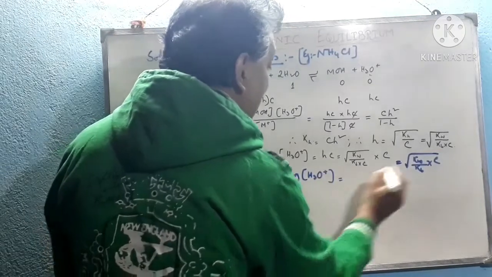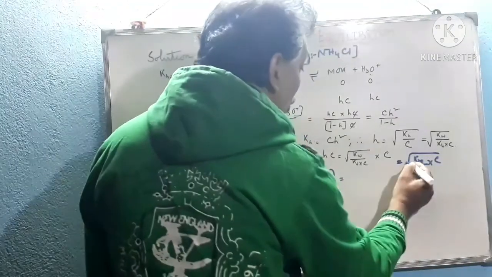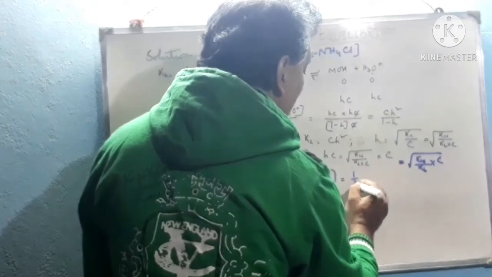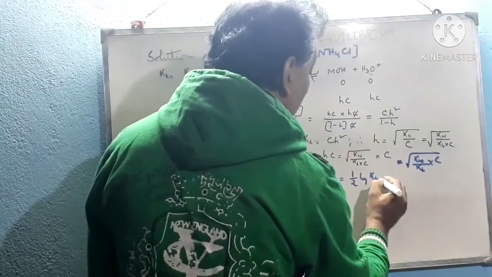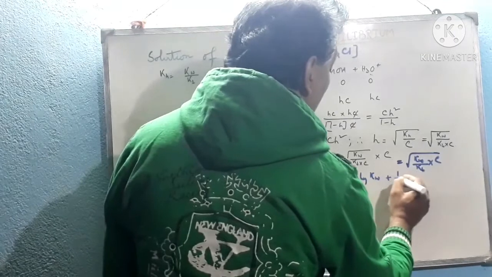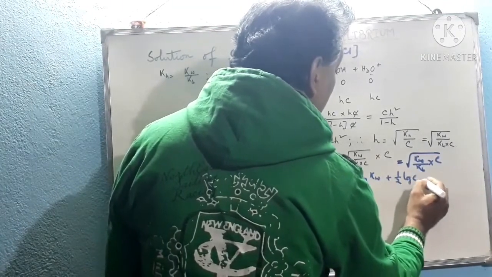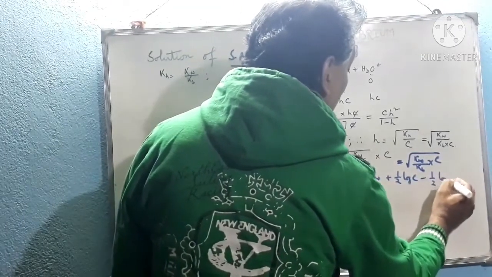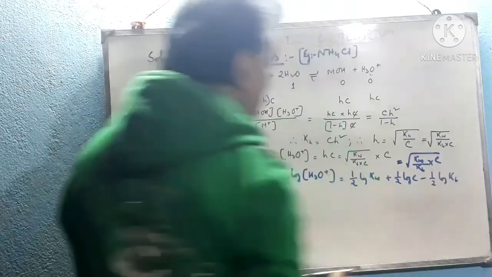plus can be written as, taking log in both sides, we get half log of Kw plus half log of C minus half log of Kb. This is the expression.